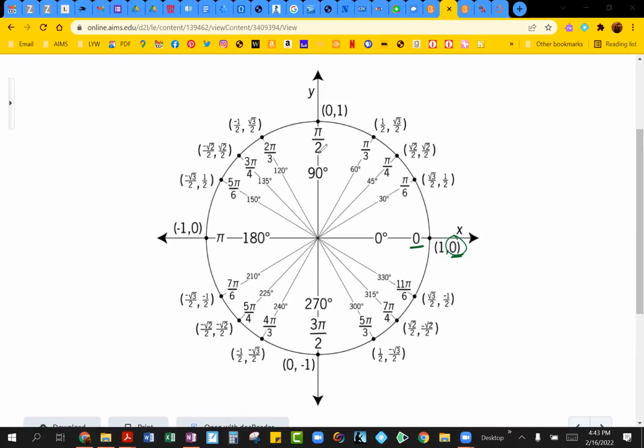So that's for 0. Now at pi halves, your sine value is 1. At pi, your sine value is 0. At 3 pi halves, it's -1. And remember, where you have 0, you also have 2 pi. So again, that will bring you back to this one. So you can definitely use the unit circle to help you out with this also.